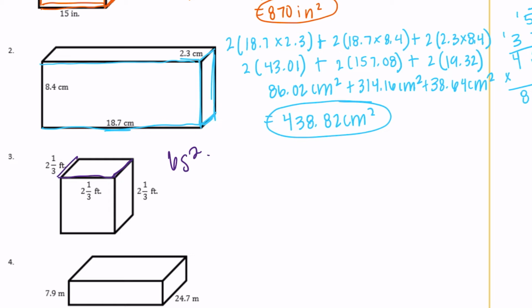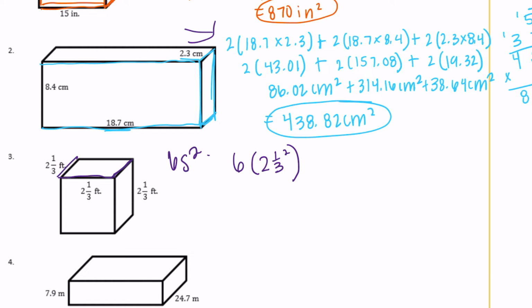If you want to do the other formula, you'll get the same thing. So if you want to do 2 times length times width plus 2 times width times height plus 2 times length times height, you'll get the same thing. But this is a shortcut because all 6 sides are the same. So we can do 6 times one of the sides, 2 1/3 squared.